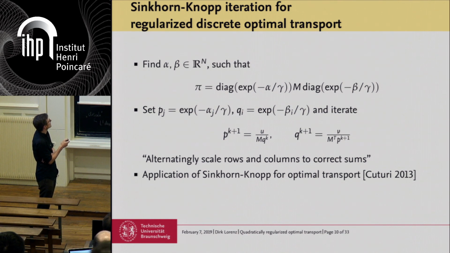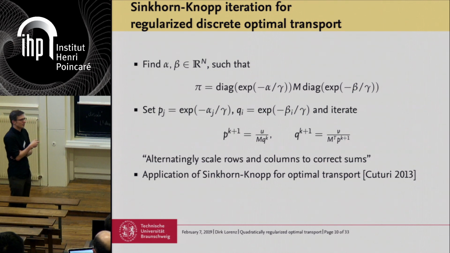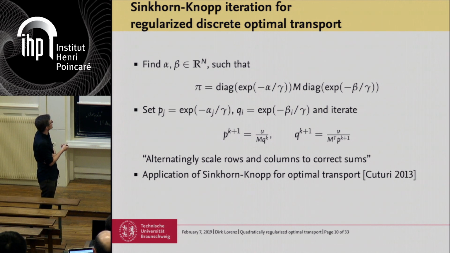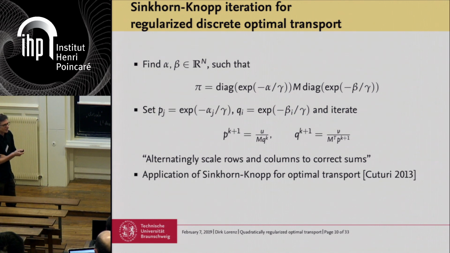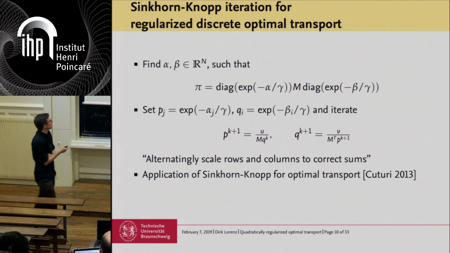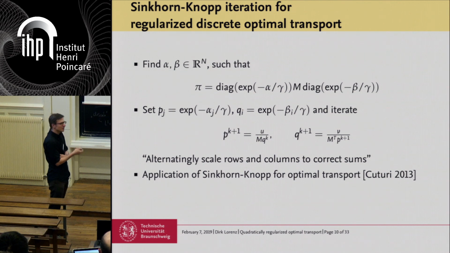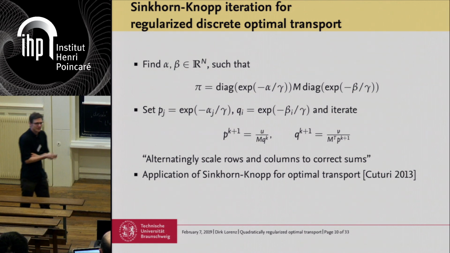Then the result has the correct row sums, and the other way around you get the correct column sums. If you do this alternatingly, you can show it actually converges, and this is the so-called Sinkhorn-Knopp algorithm, which is now very famous for all kinds of applications in entropically regularized optimal transport. It's extremely simple. It just takes you one line in MATLAB, and it does converge, and everything is fine.